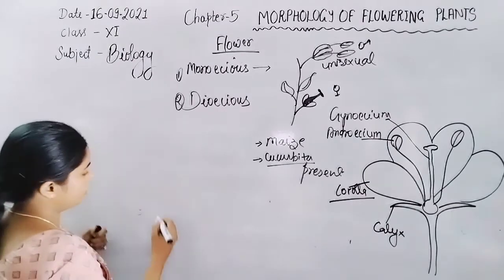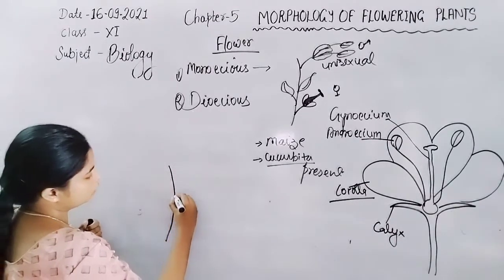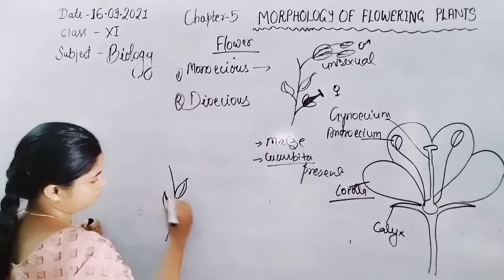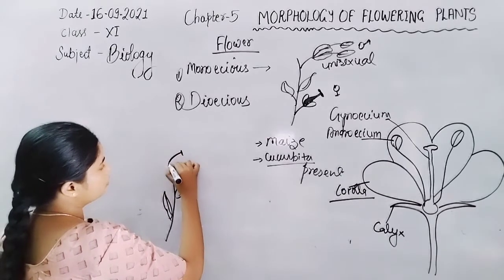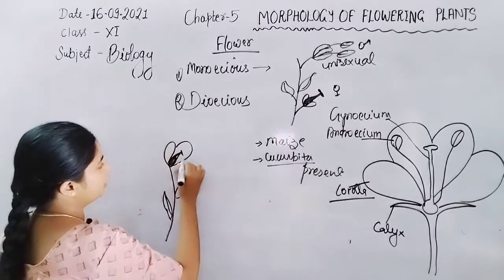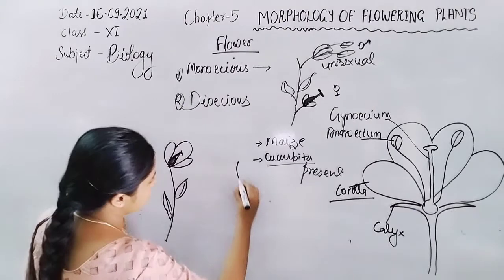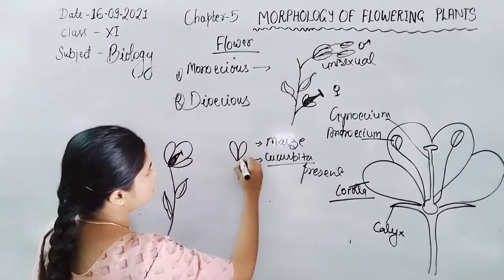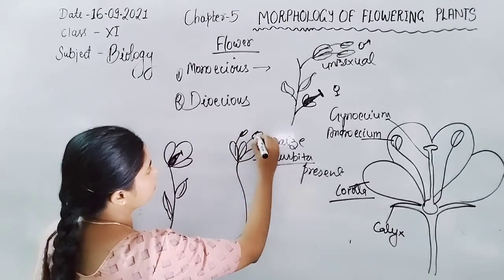Now the second is the dioecious type of plant. If these are the two plants, one bears the female reproductive organ or female flower, here is the female flower, and the second plant bears male flowers.